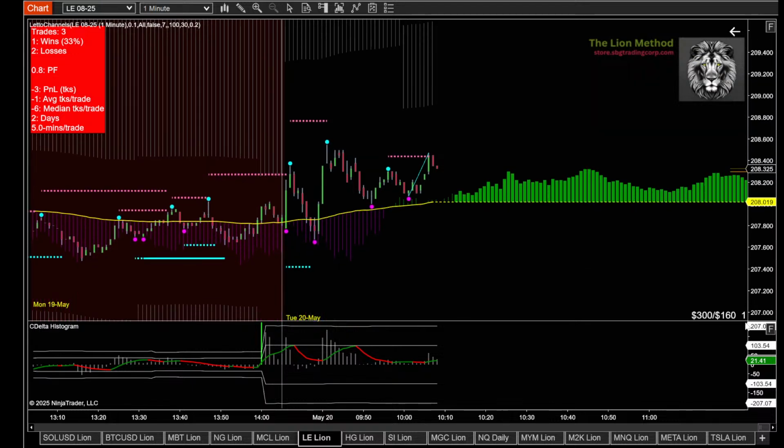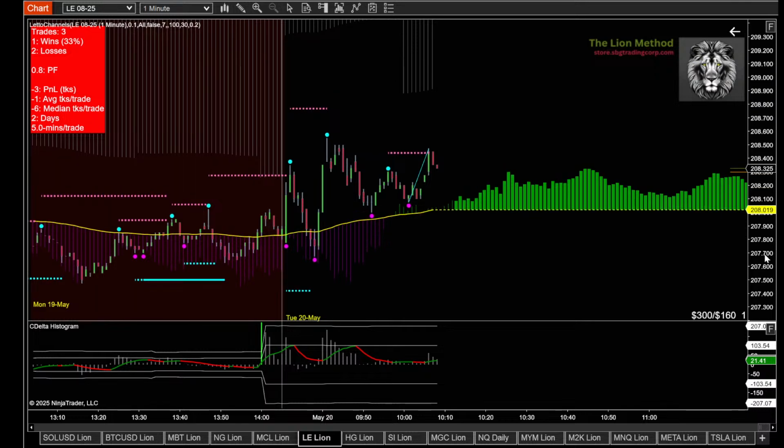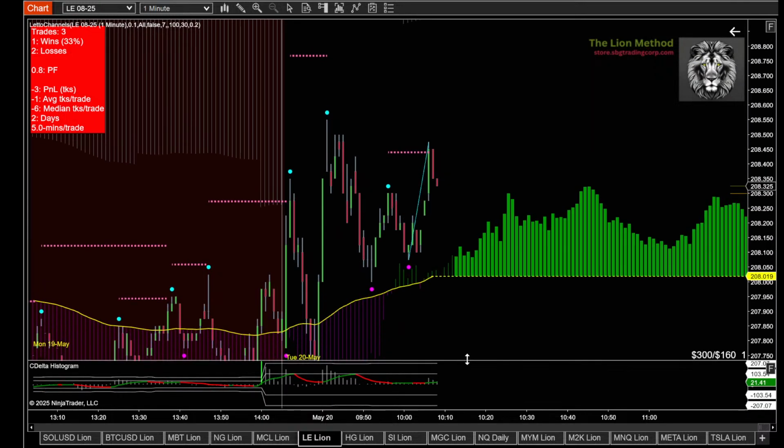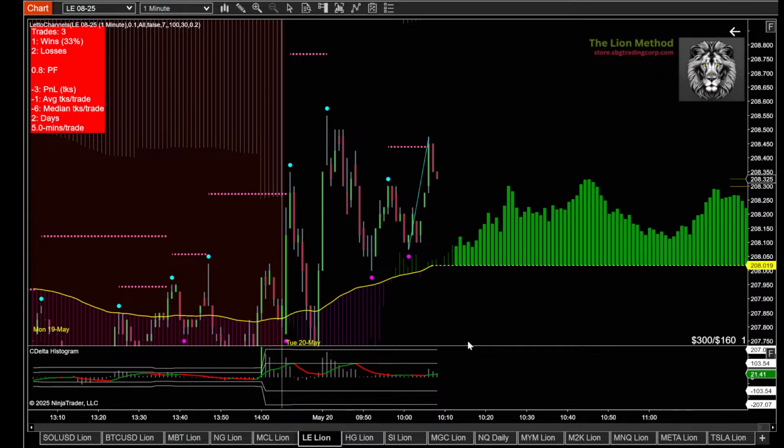Got a good amount of distance to our overbought area. Delta is positive. I would consider going long here above that recent high.